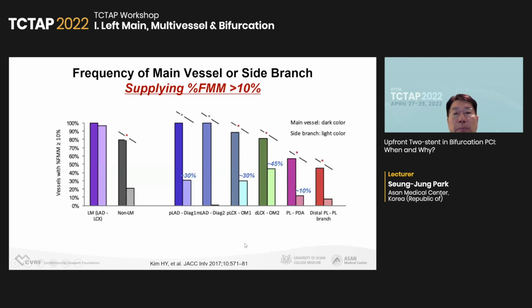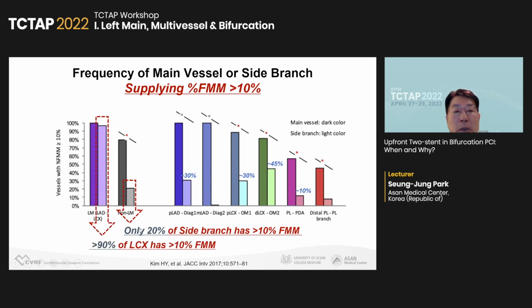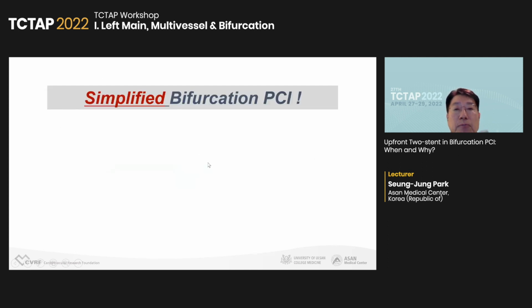Again, only around 20% of the side branches, except the circumflex, have more than 10% fractional myocardial mass. However, the circumflex has more than 90% with a 10% fractional myocardial mass. Actually, the cutoff of 10% is just what was used in the recently published ischemia study for moderate to severe ischemia, a large ischemic burden.